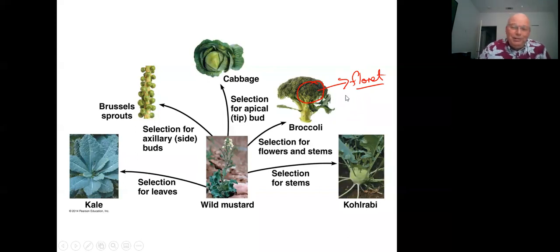And why can they be bred together? Because they belong to the same group of organisms. They're still very, very closely related. Then kohlrabi was bred to favor a storage stem.